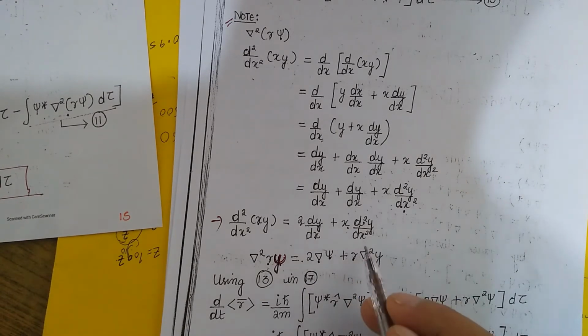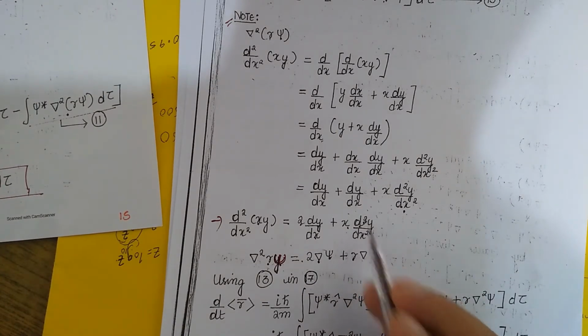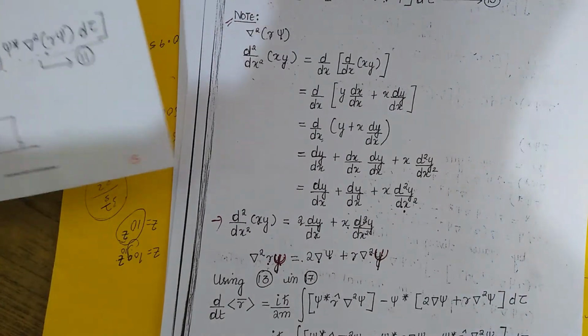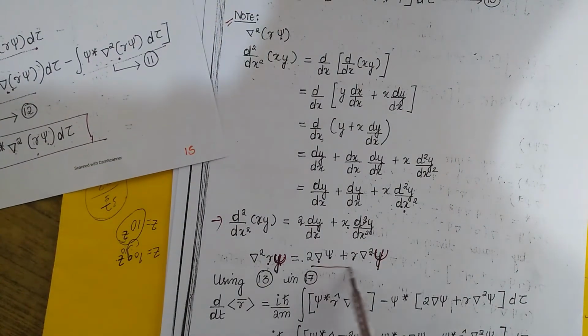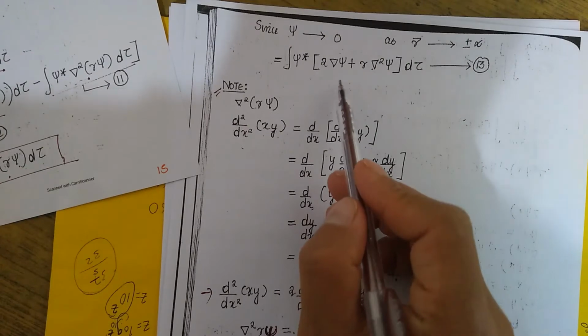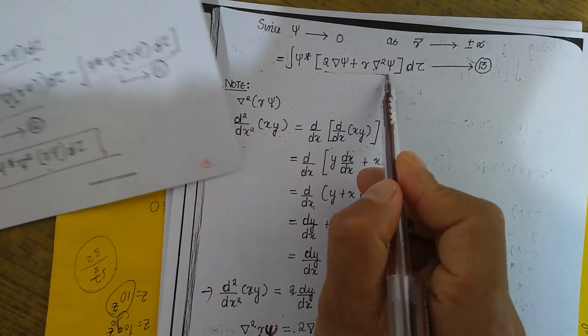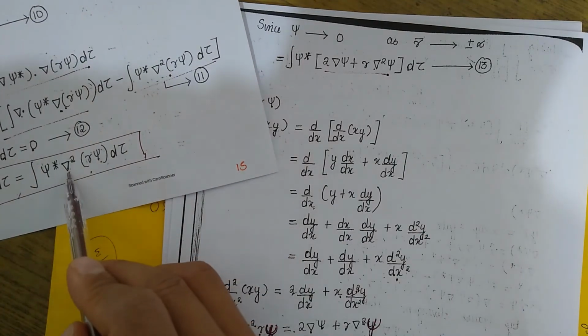Del square, so it's a second order derivative, will be replaced by del square, and y should be replaced by psi. So if we see that, this is nothing but these two terms in equation 13, which come directly from this term.